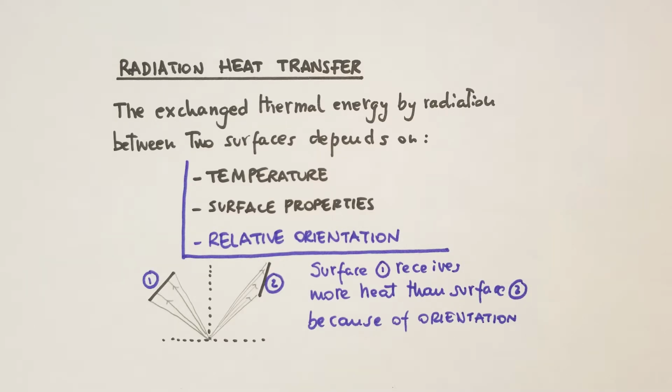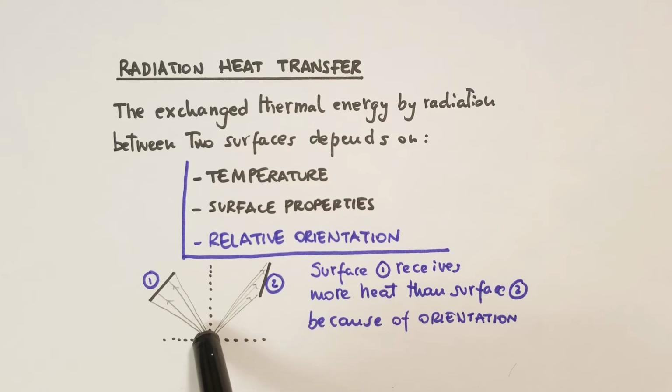This exchange of thermal energy depends on the temperature of the surface, on the surface property, but also on the relative orientation of these two surfaces. Let's look at this sketch here. We have surface 1 and surface 2, and we have another surface here.